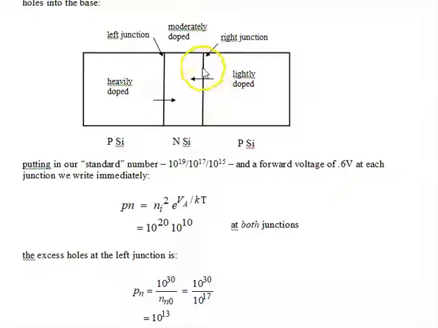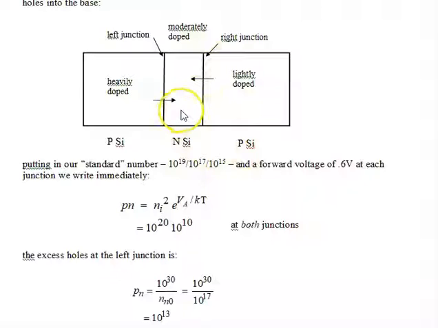We also have a forward bias at this junction of 0.6 volts. Forward bias at each junction. I perhaps should have explicitly emphasized that. 0.6 volts forward bias here, 0.6 volts forward bias here.